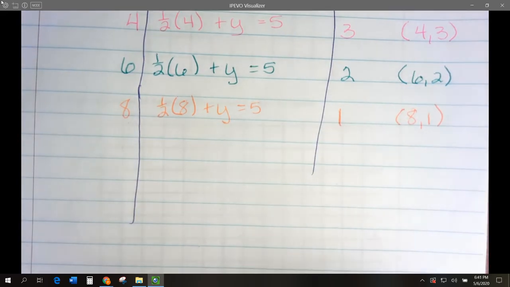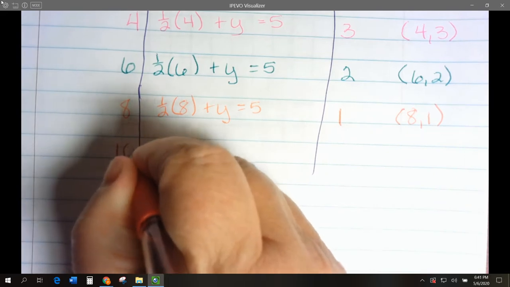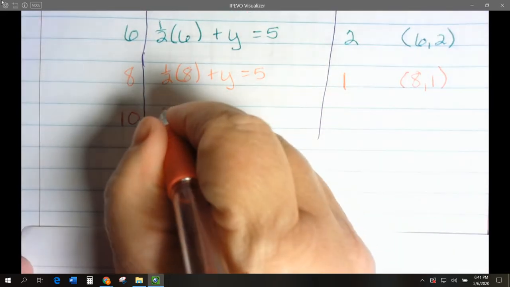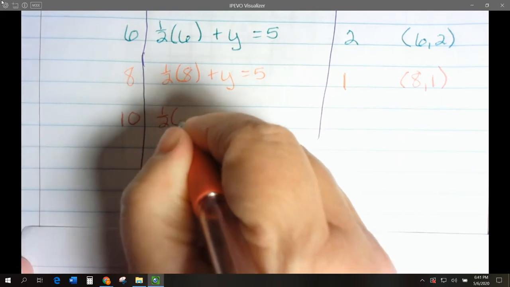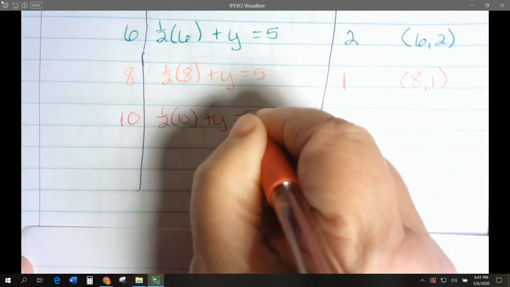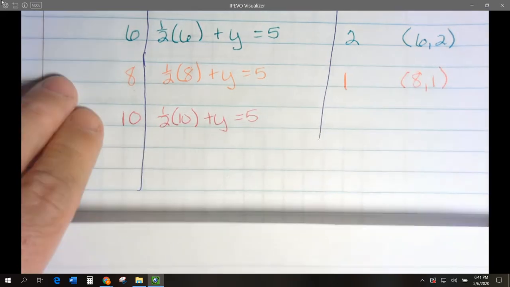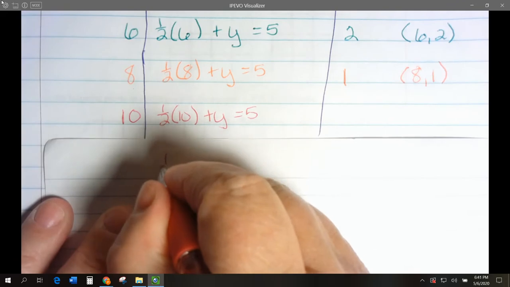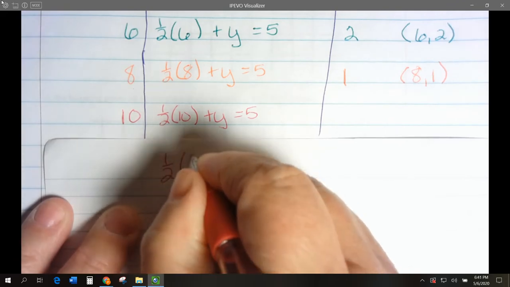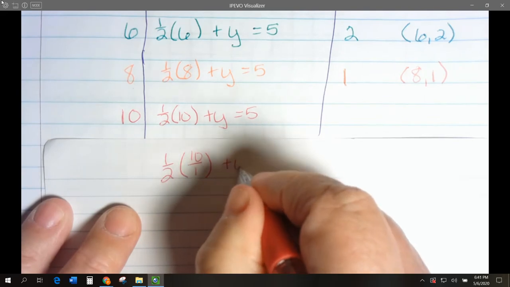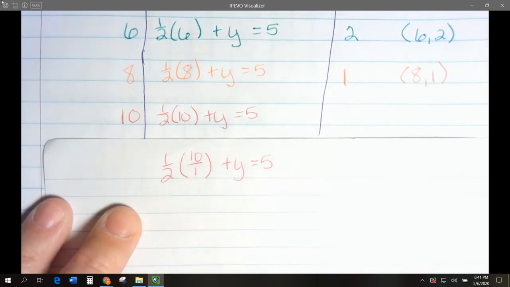Okay, let's do 10. So we're going to do 1/2, put 10 where the X is, plus Y equals 5. I'm doing this on a scrap piece of paper. 1/2 times, I'm going to write this 10 over 1 so we can multiply it, plus Y equals 5.